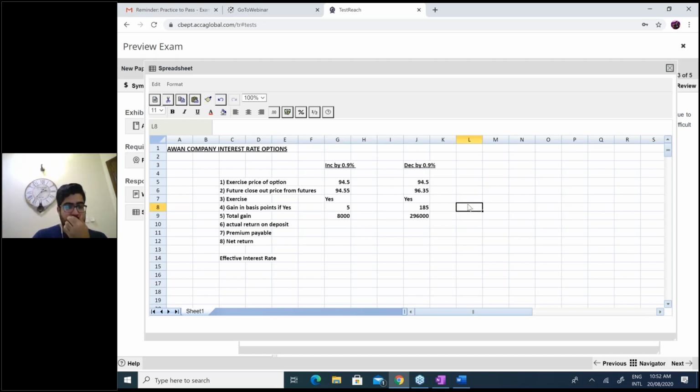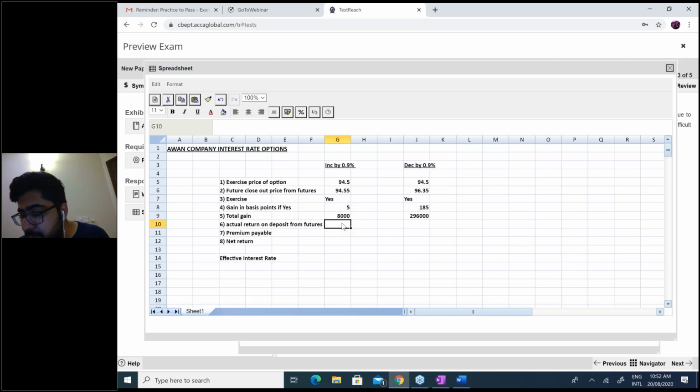Now the actual return on deposit or actual cost of borrowing from futures. You can also calculate it. This was in FRA as well, in futures as well, and in options as well. The actual return is computed by taking amount times interest rate times time period over 12. We have computed it multiple times in both previous approaches.